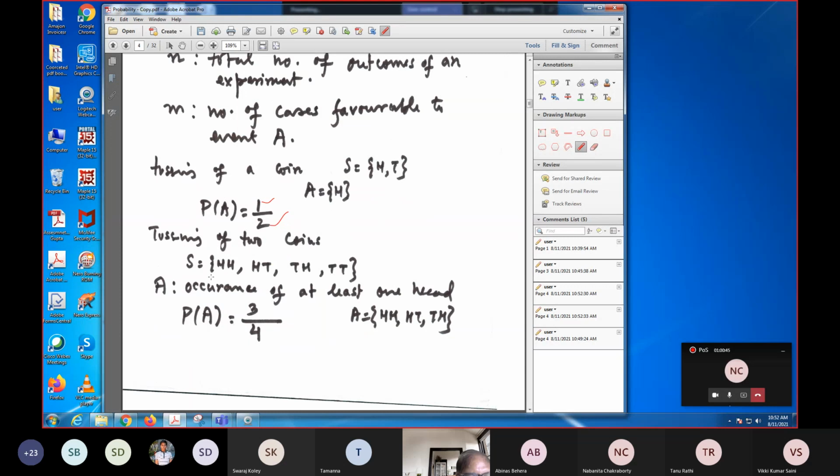Tossing two coins, we have already enlisted the possible outcomes, and there are 4.